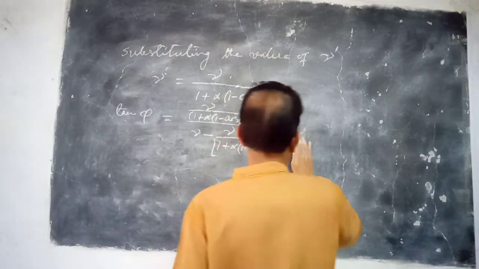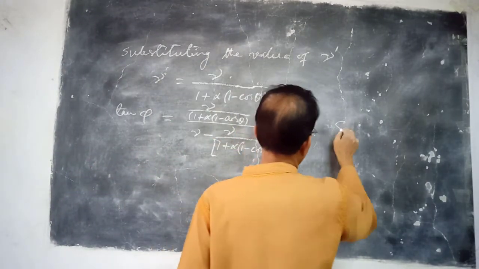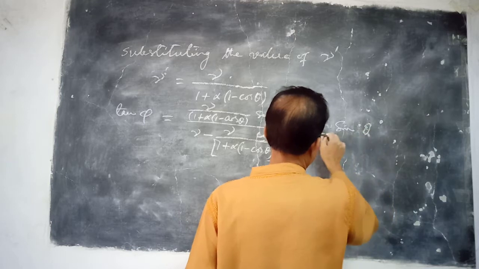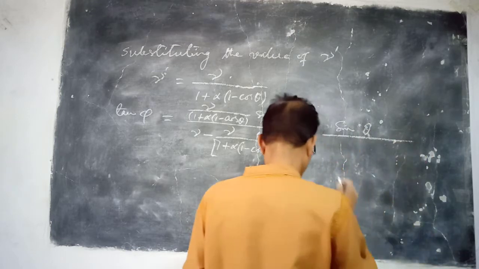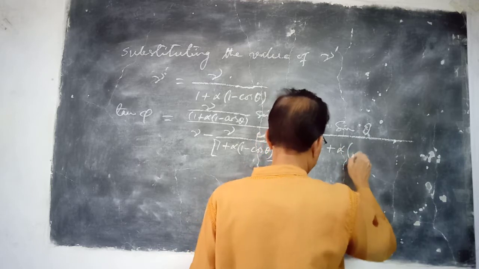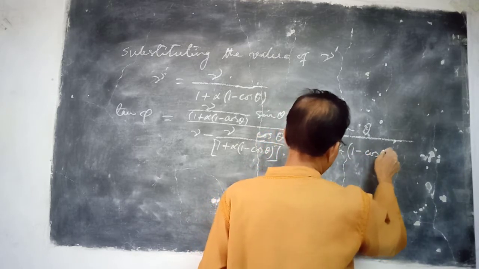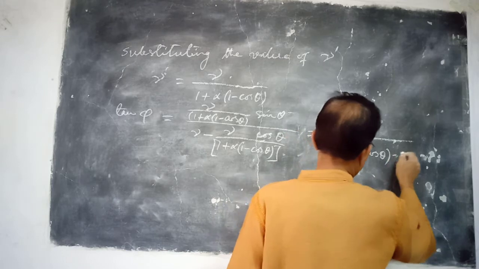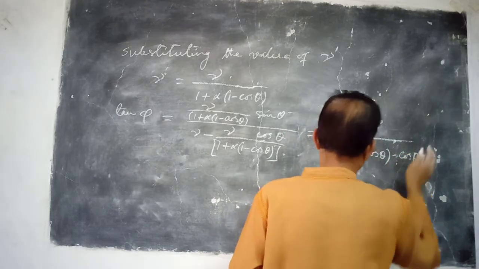This is equal to sin theta divided by 1 plus alpha into 1 minus cos theta minus cos theta.